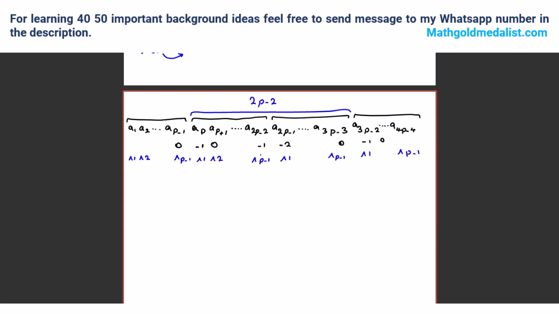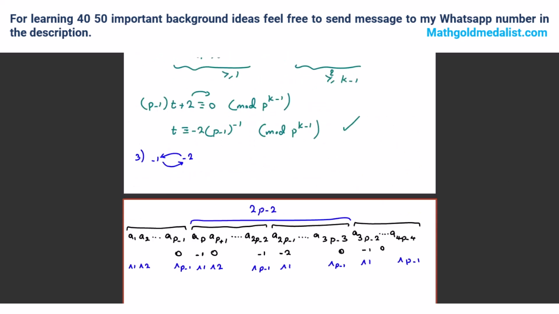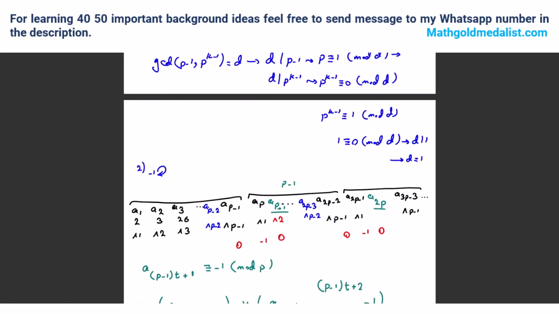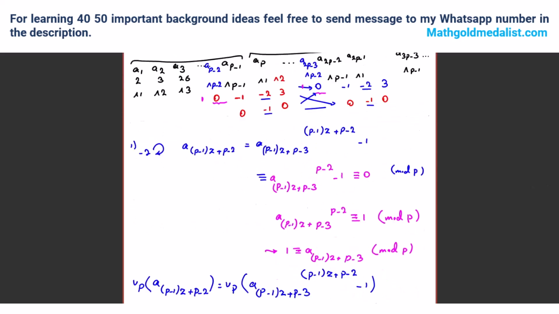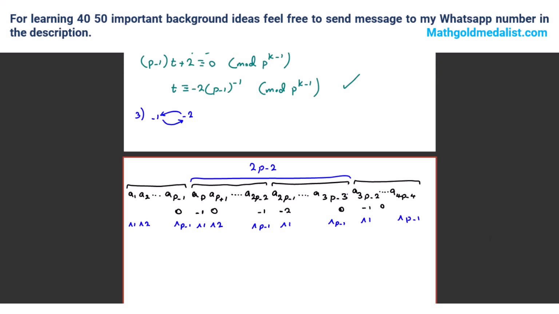Now, what number is good here? We want to find the one that we had. We said it is what? Negative 1, 0. Before negative 2, negative 1, 0, 1. Negative 2, negative 1, 0, 1. 0 and 1. We have this. Okay? So this number is what?